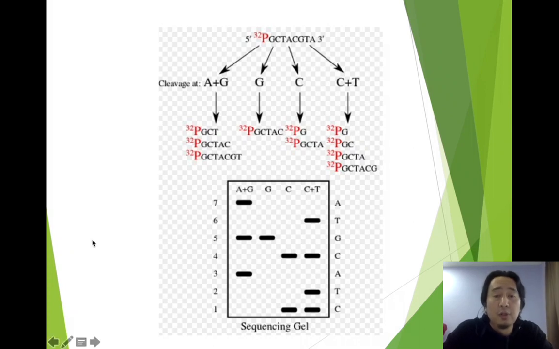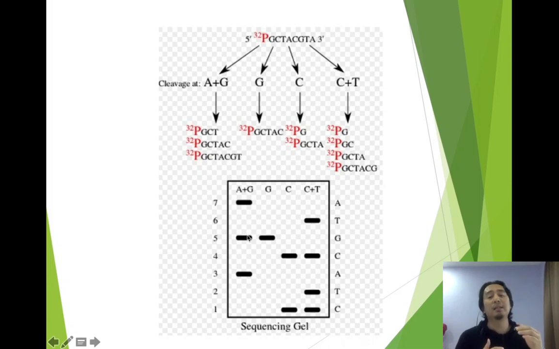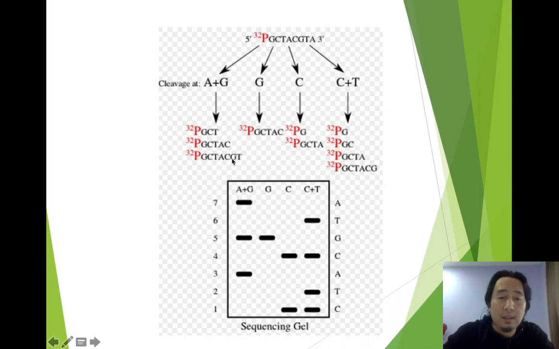Okay, so when you run the DNA in, for example, gel electrophoresis, it will separate based on the size of the DNA. Okay, so for example, the fastest one shows the smaller fragments of DNA.